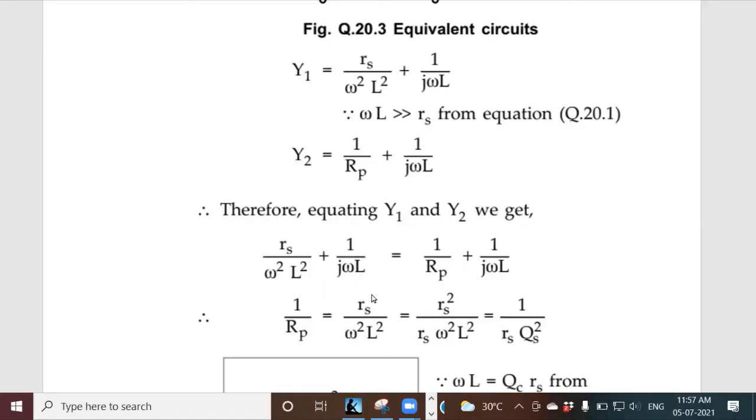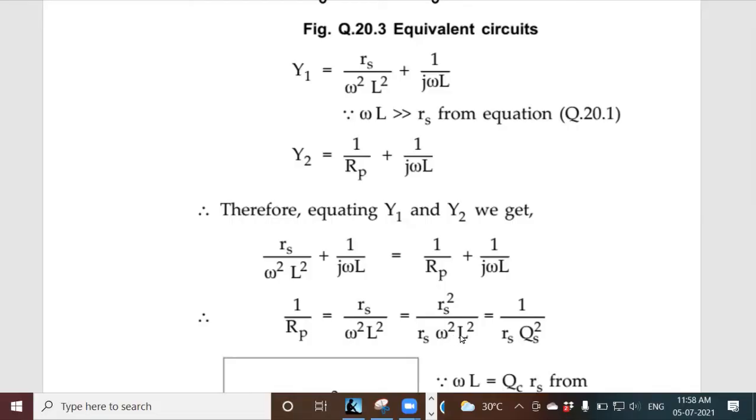For that we multiply and divide with Rs, so Rs into Rs gives Rs square, and Rs into omega square L square. Omega L by Rs is nothing but the quality factor for series resonance, Qs.